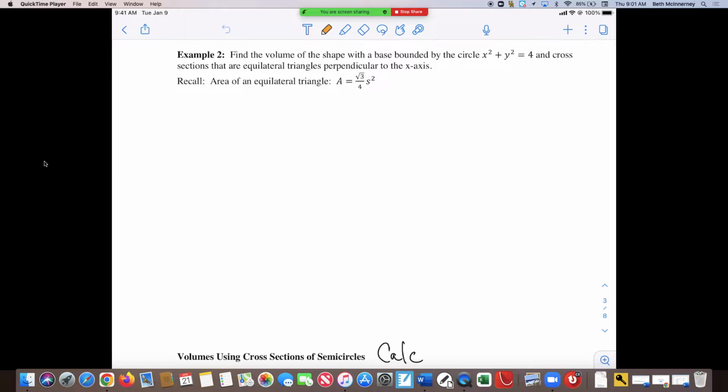So I'm going to give you a brief head start, and I'd like you to make a sketch of your circle and see if you can make a sketch of the equilateral triangle.